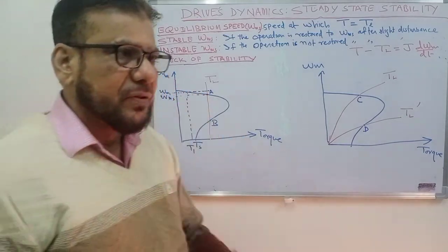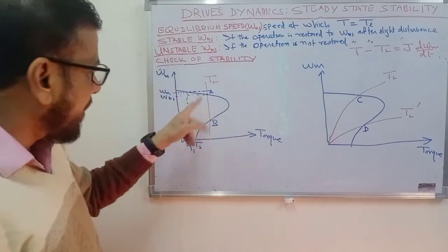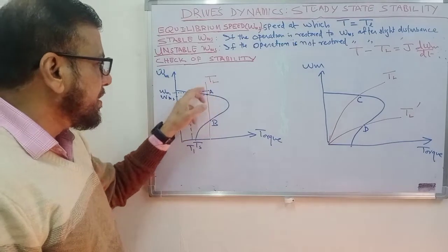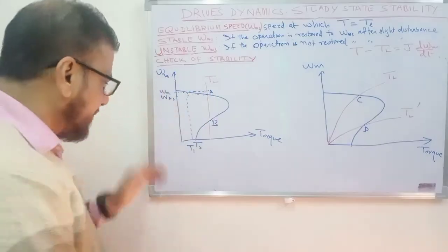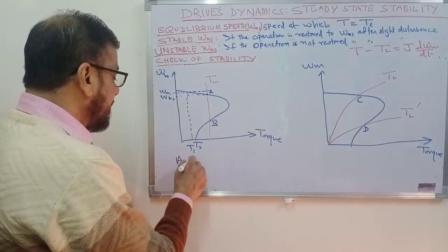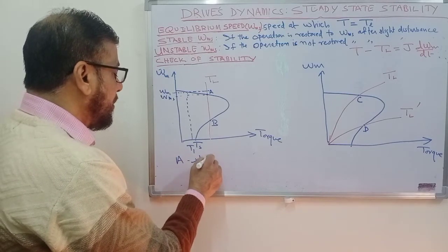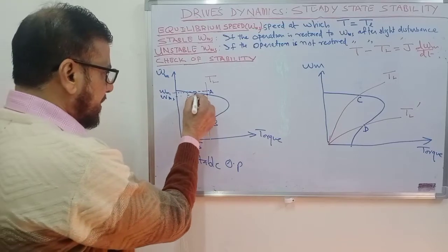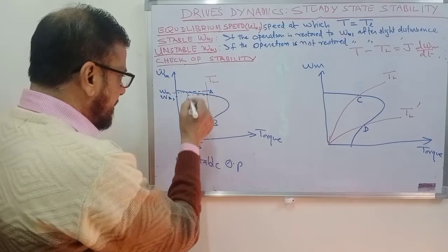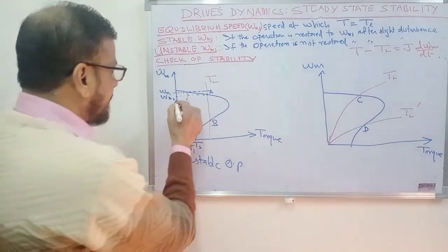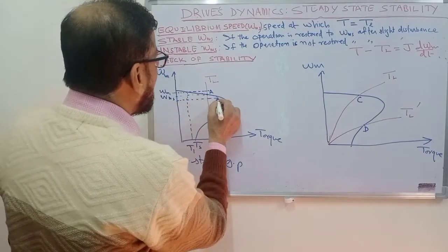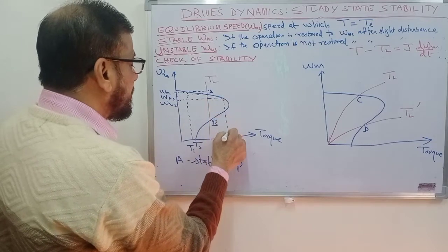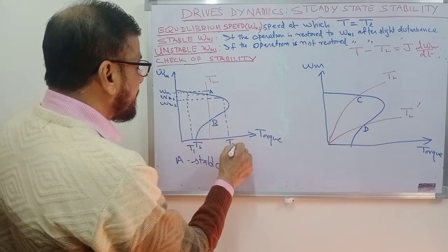where the load torque is equal to motor torque, and thereafter the motor will run stably at operating point A. So you can say that point A is a stable operating point. This is the case whether you take this point or this point or this point. In all the cases, if you decrease the speed to omega m2, the motor torque has increased to T2.